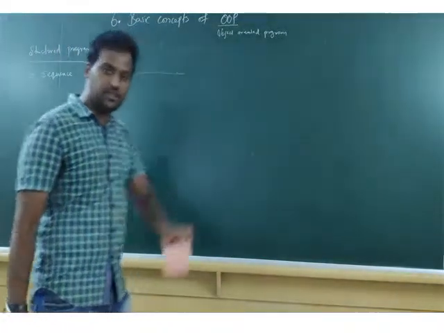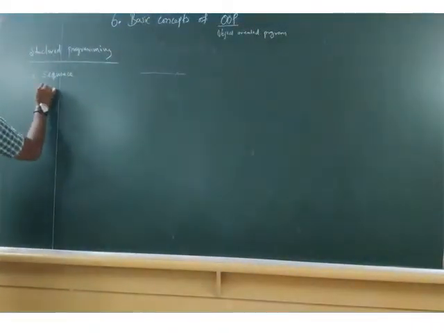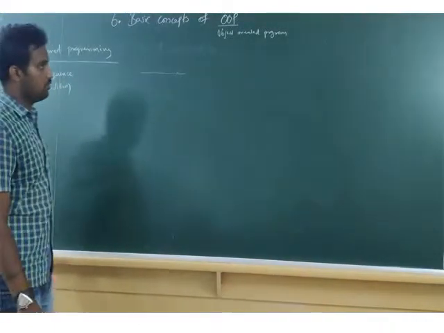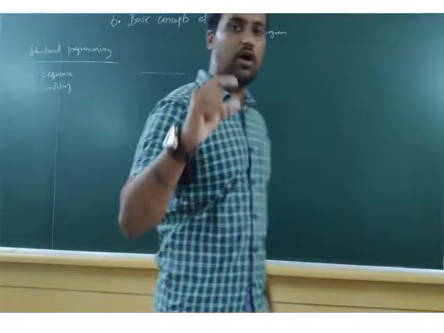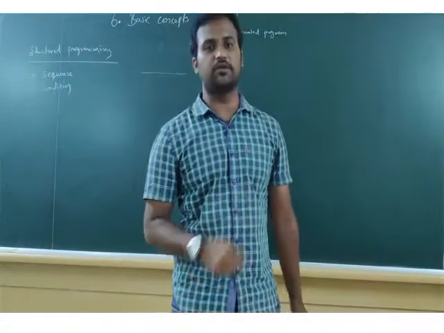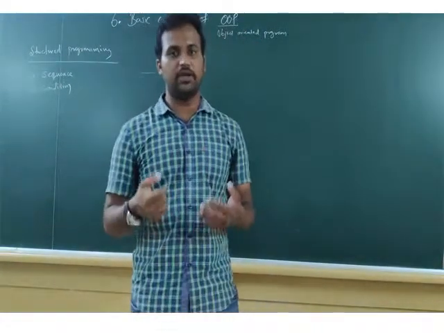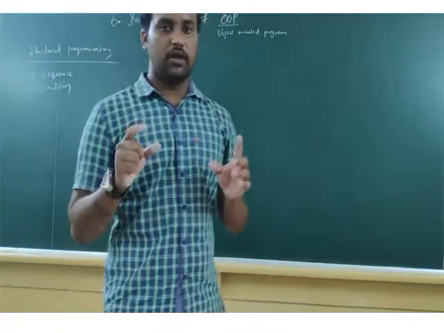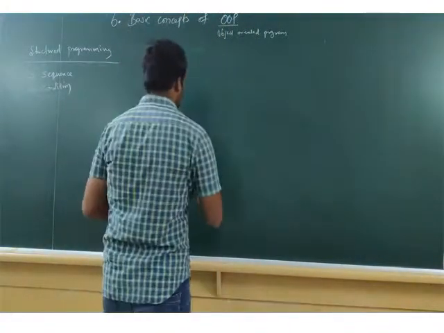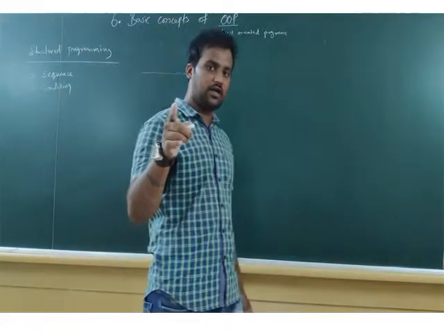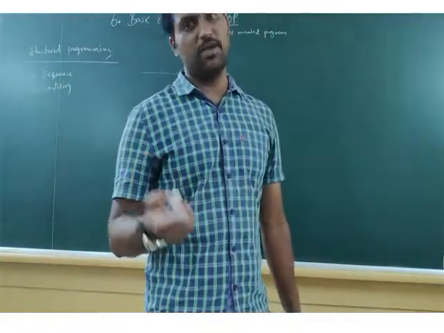Sequence, then comes the condition. Then we have to write the condition. Condition means what you wanted to execute. For example, if I want to execute the age: if age is greater than 18, they are major.